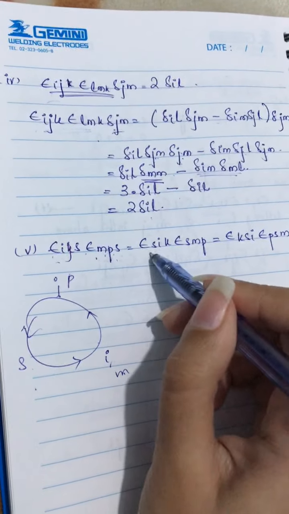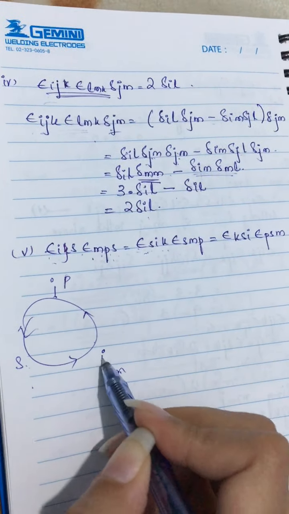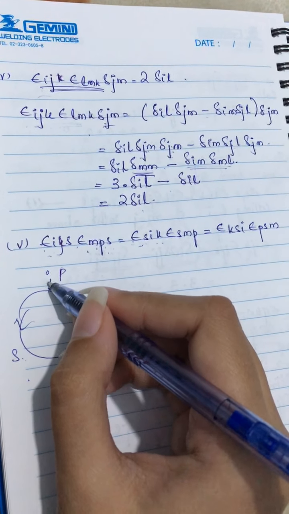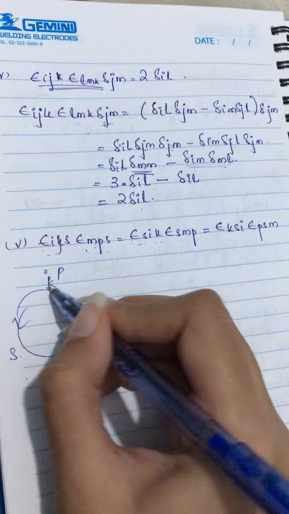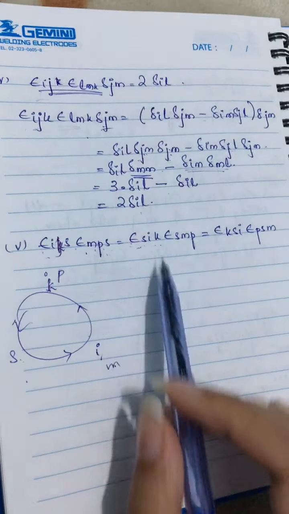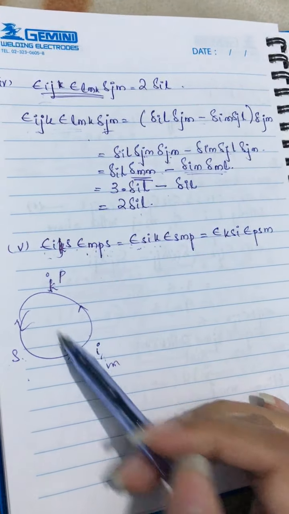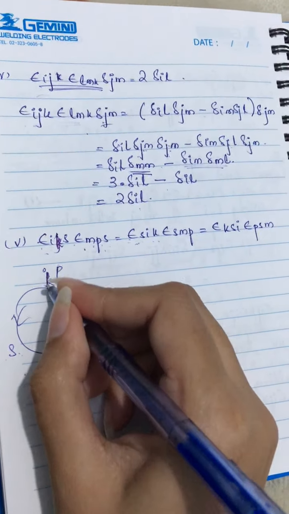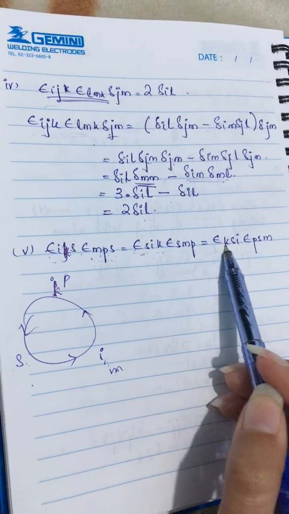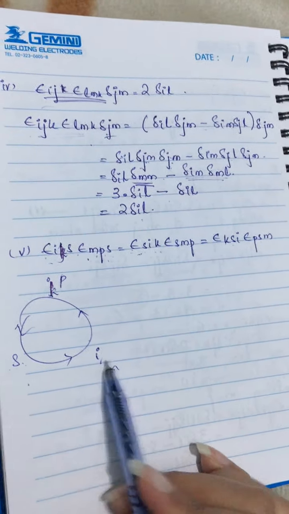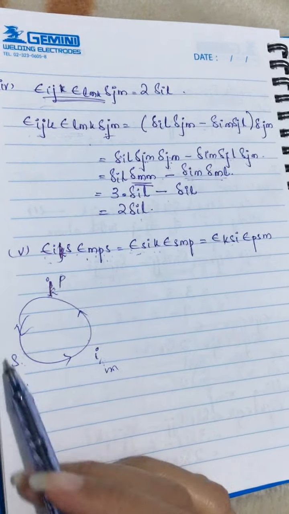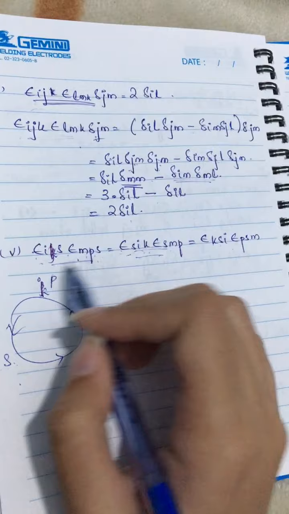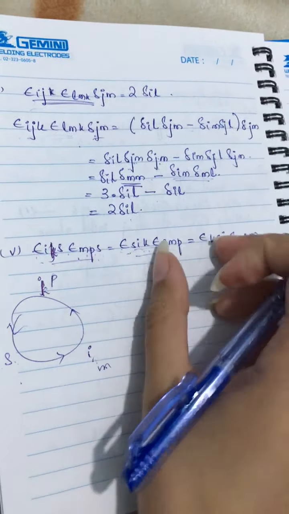This is cyclic, and this result is also equal to s, i, k, which is again cyclic, and then s, m, p, again cyclic. Now further is k, s, i and p, s, m. So all these are cyclic, so this does not change its value. So this is the equal result here.